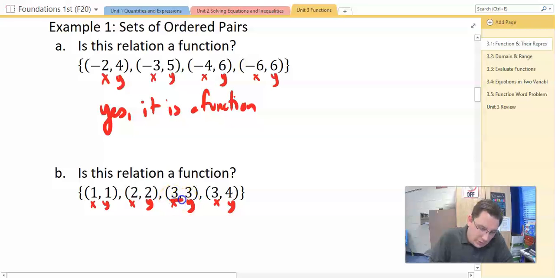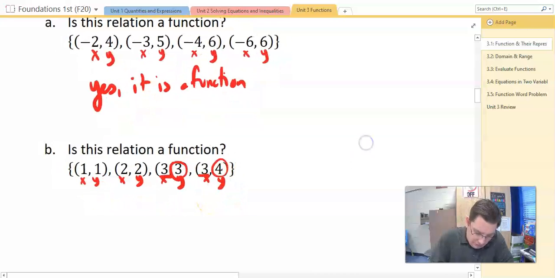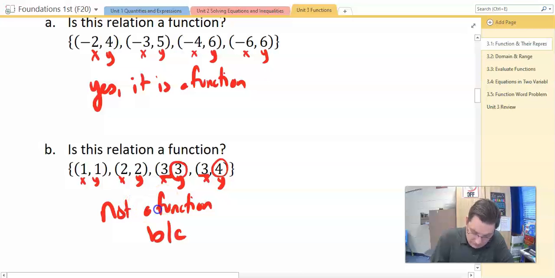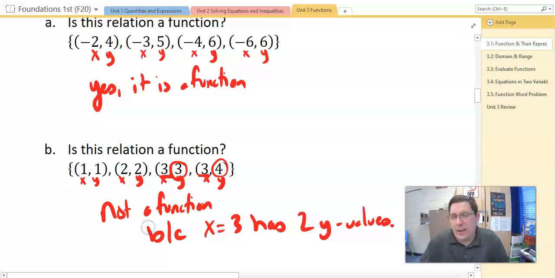We see here that 3 goes to 3, but 3 also goes to 4. So this is not a function because x equals 3 has 2 y values.